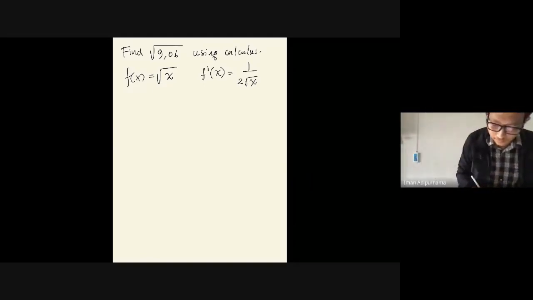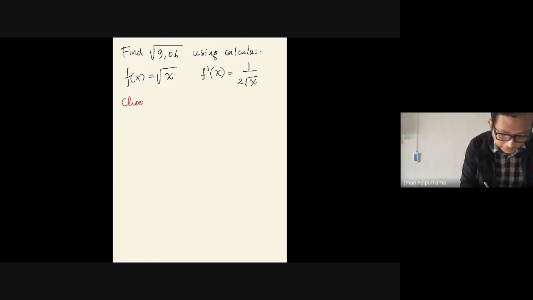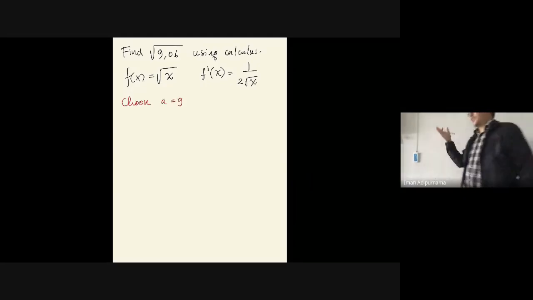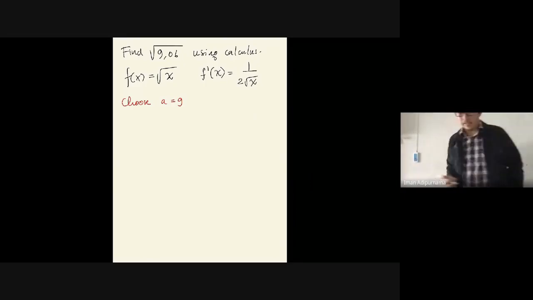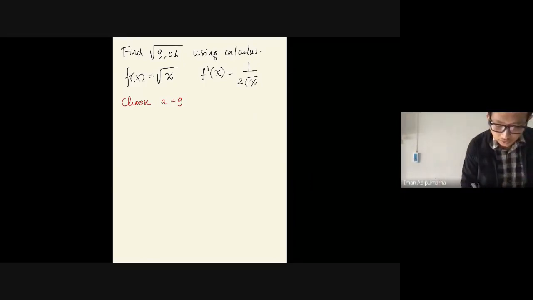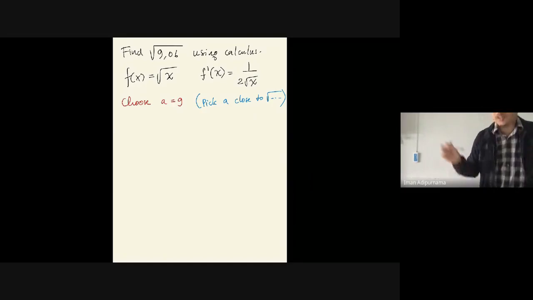Why am I choosing 9? Because if we take the square root of 9, we easily get 3. So I will write: pick a close to our question.